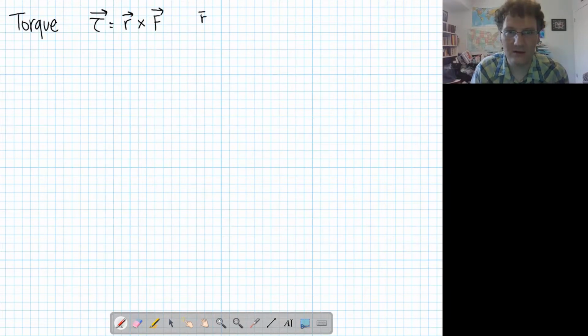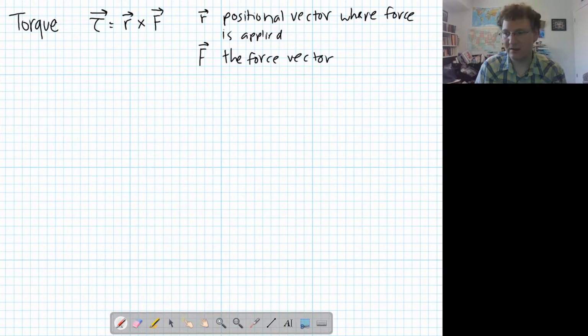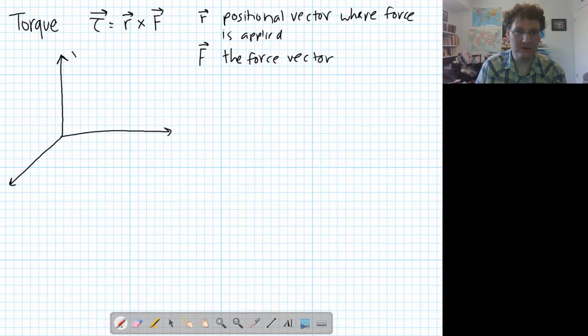So R is the positional vector where the force is applied, and F is the force vector. Let's give a little example. I'll try to illustrate it. Here's my z-axis, my x-axis, and my y.